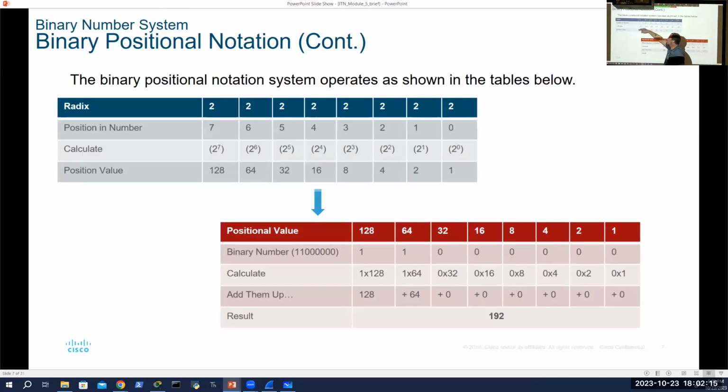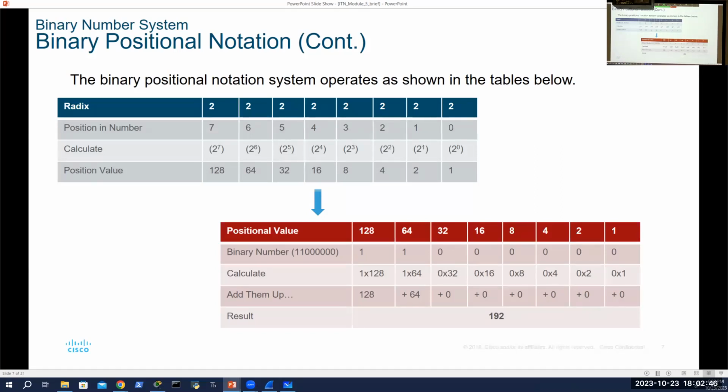Ours, we just have the power of 2, but the radix just means the numbering base that we're working with, which is base 2. Whereas in the decimal number system, what's the radix? 10, base 10, right?